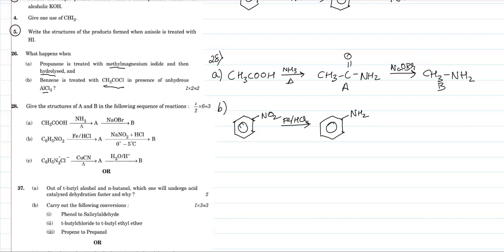And this is undergoing a reaction with NaNO2 and HCl at 0 to 5 degrees Celsius. And this particular reaction leads to the formation of the benzene diazonium salt. So this is the preparation of the diazonium salt. So N2+ Cl- plus NaCl plus 2H2O.